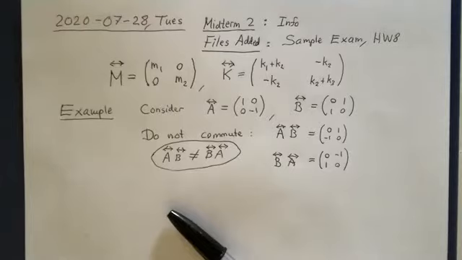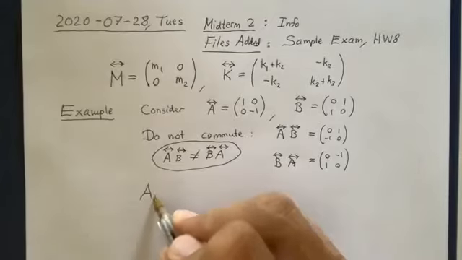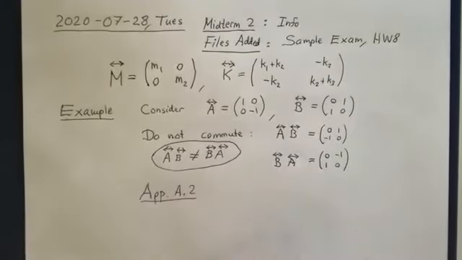If you read the fine print, which I encourage you to do, Appendix A2 actually requires them to be positive definite. Let's record that here. The basic premise here, one of the assumptions is that these things are positive definite.